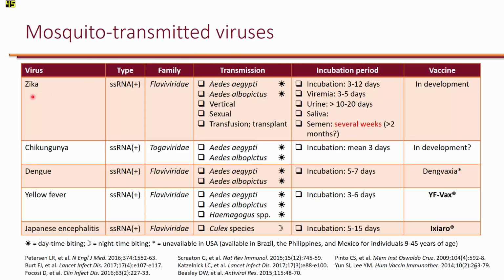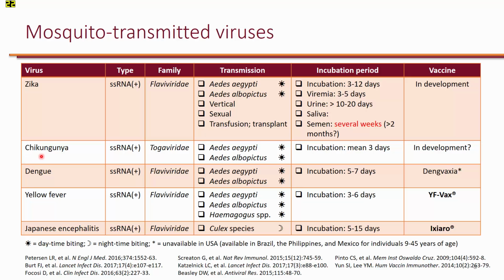So the most recent one is the Zika virus, which is a single-strand RNA positive sense virus. It's primarily transmitted by Aedes aegypti and also Aedes albopictus, which are two species of mosquito. These two species of mosquito are the most common ones.